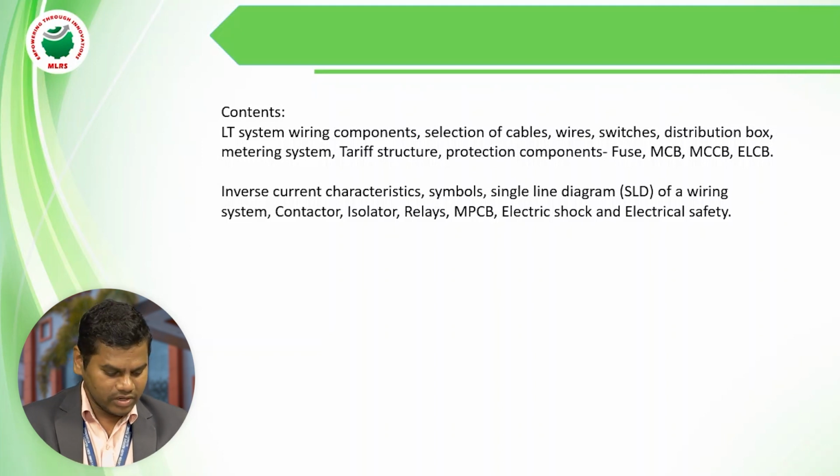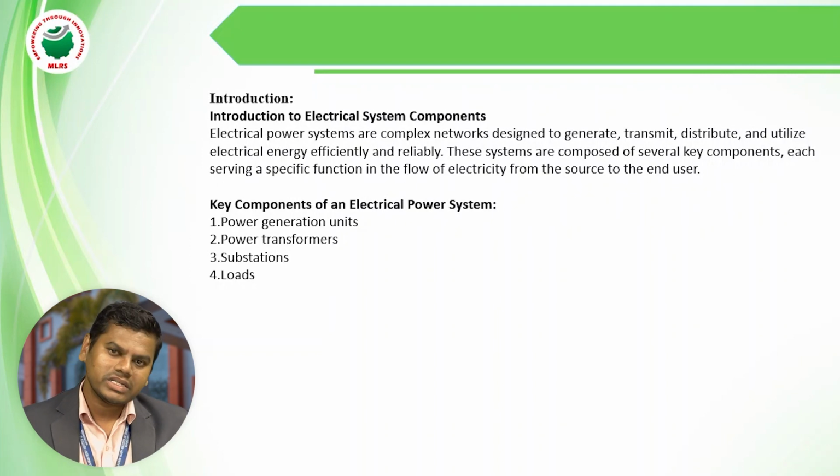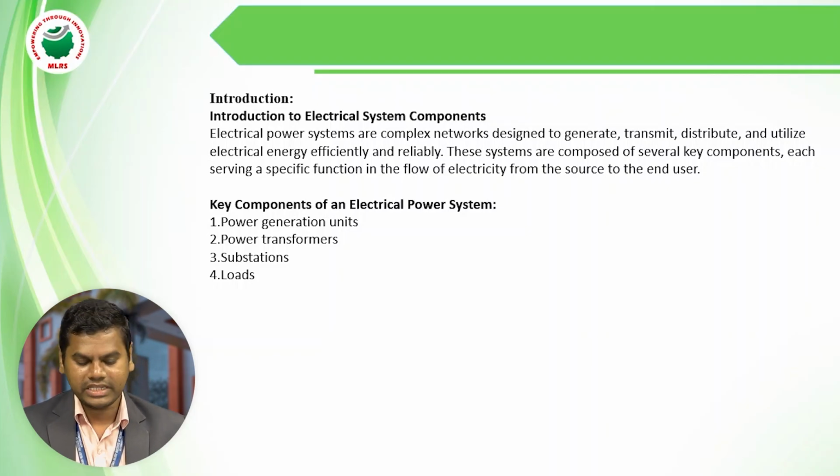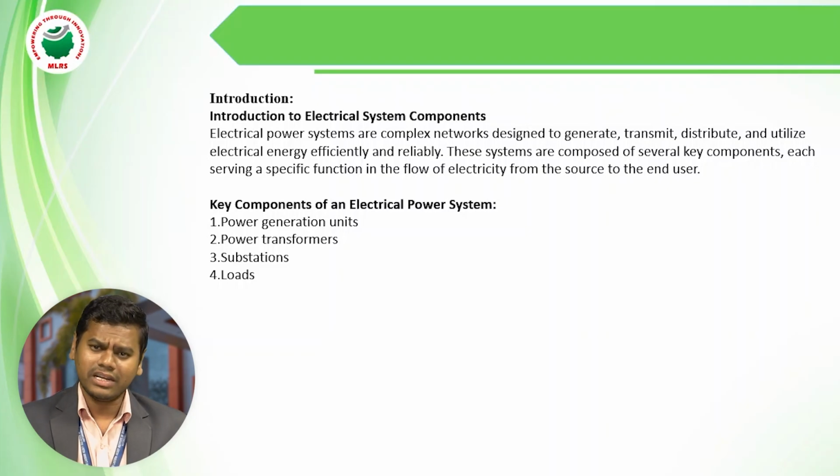Next we are going to the introduction about this subject. The introduction is electrical power systems. Basically, electrical power systems are complex networks designed for generation, transmission, distribution, and utilization of electrical energy efficiently and reliably.